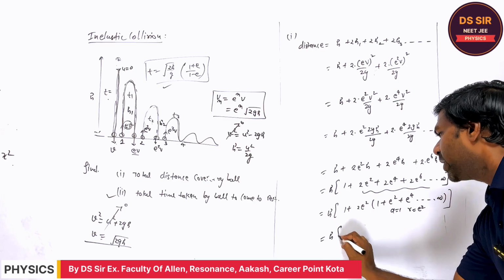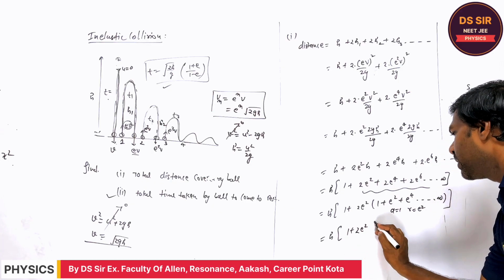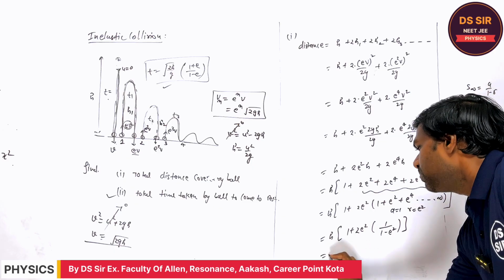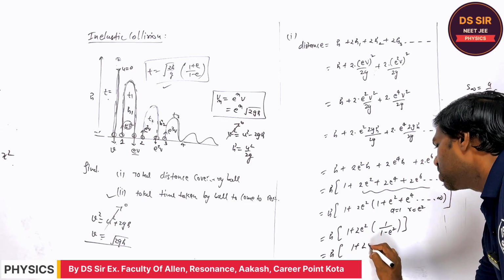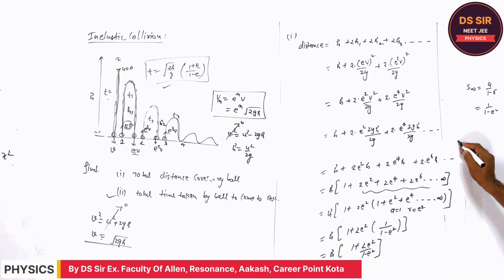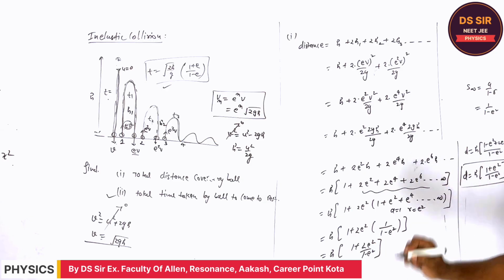So this is equal to h, 1 plus 2e square times A upon 1 minus R. If you simplify this, further simplifying, the total distance is h 1 plus e square upon 1 minus e square. So this is the total distance.